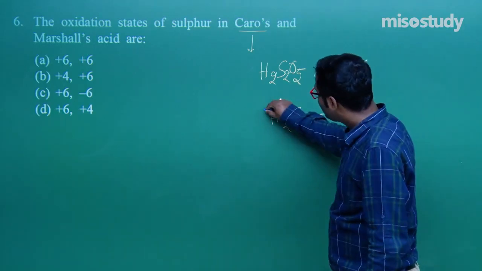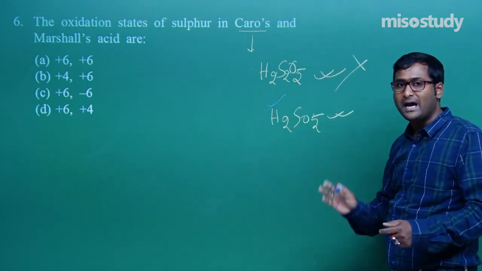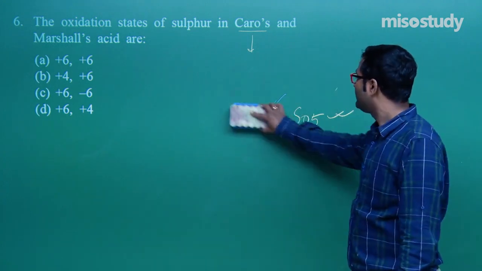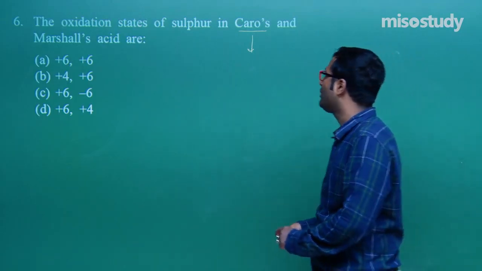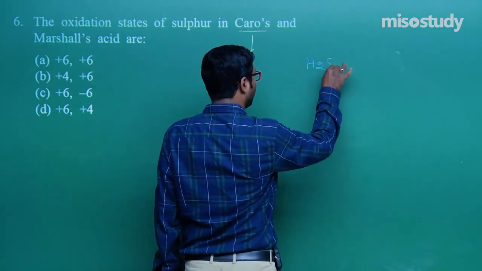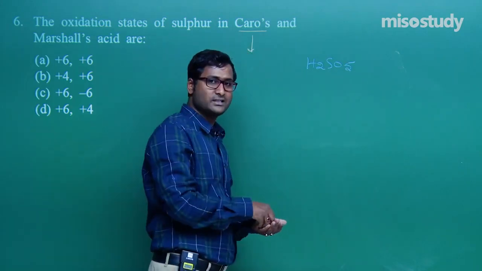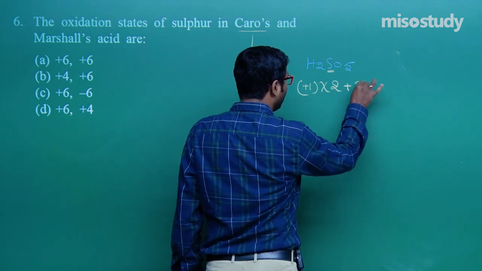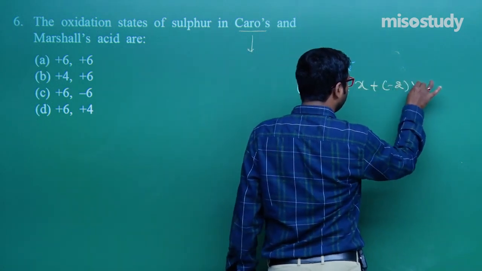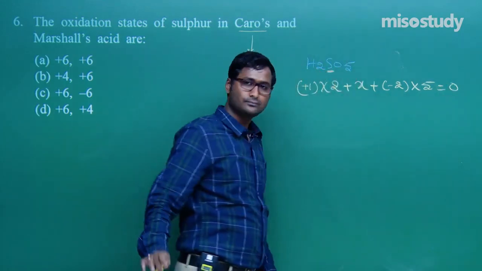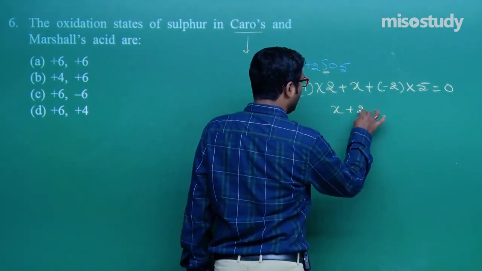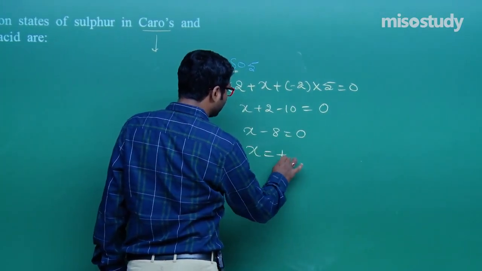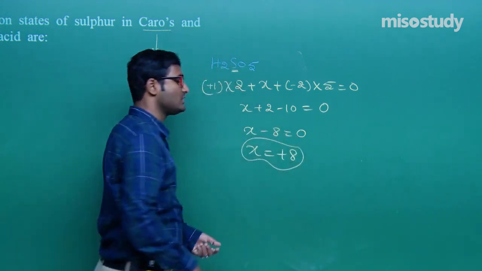So for solving such kind of questions, we first have to draw the structure. If you do not know how to draw the structure, then we are not able to solve such a question. Because if I write down the formula and try to find the oxidation state using the formula, what will happen? Plus 1 into 2 plus x, minus 2 into 5 is equal to 0. x plus 2 minus 10 is equal to 0. x minus 8 is equal to 0, or x is equal to plus 8.